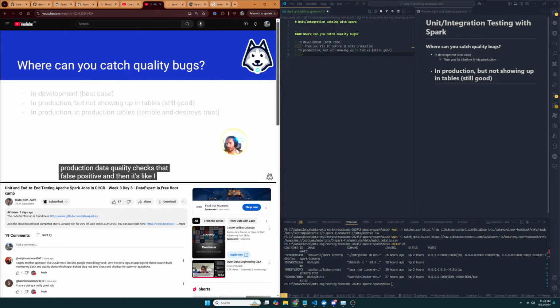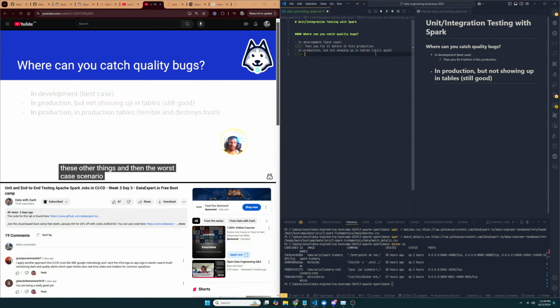And I hate false positive data quality checks. They are common. And so these types of checks are more expensive in that regard than the ones that catch stuff in development, because you have to check them out in production and they can fail and false positive and all these other things.